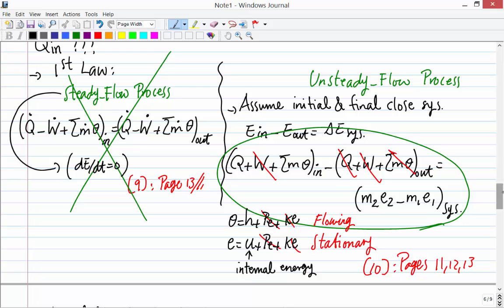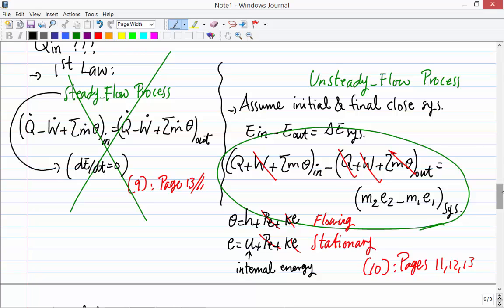When you talk about coming in or leaving, you need to include the flow work as well. And if you want to include that parameter, you need to use enthalpy because you're talking about a flow coming in. But if you want to talk about energy of the system at certain states, then you need internal energy, which is u.